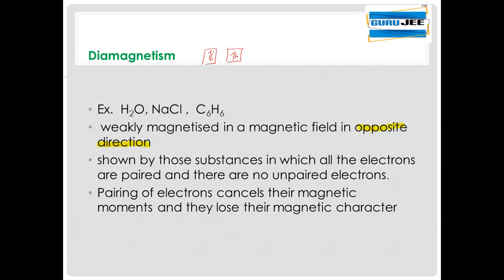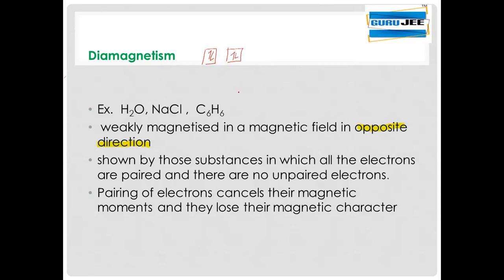One spin up and the other spin down, isn't it? So this is diamagnetic. No unpaired electron is there. Can you understand? Here one electron has spin up and the other one has spin down. So their magnetic moment will get cancelled, isn't it?